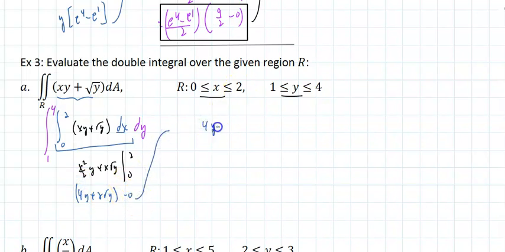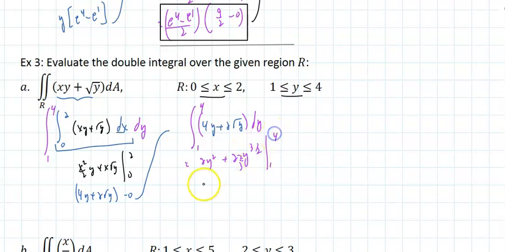Now I'm going to integrate this with respect to y from 1 to 4. And if you switch those, you get the same thing. That's not a problem. This is 2y squared plus, add 1 to the power and divide by that, 4/3 y to the 3/2. Evaluate from 1 to 4.